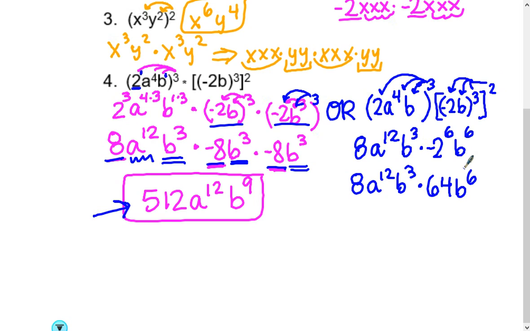Then I took it a step further. All of the same stuff just dropped down. Now I simplified this. -2 to the 6th power, you can pop that into your calculator, and you see it's 64. 8 times 64 is that 512. a to the 12th stays chilling. b to the 3rd times b to the 6th is b to the 9th.